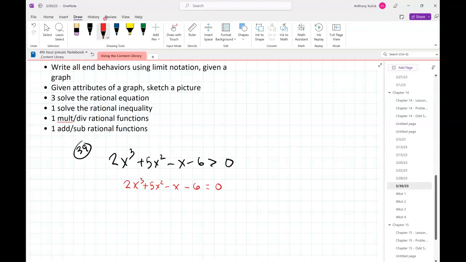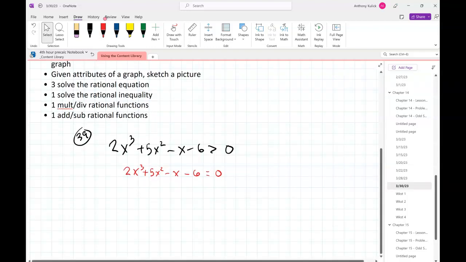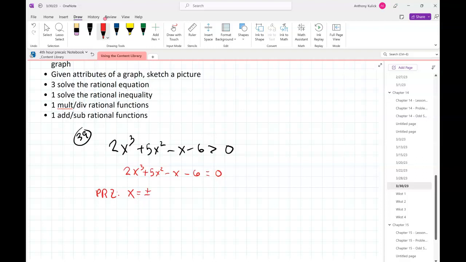Now to solve something like this, I'm going to default to the techniques from last chapter. Since this isn't quadratic, and it's not something that I see an easy way to factor by hand, I'm going to be using my rational roots theorem and doing synthetic division to get my solutions out of this. So my possible rational solutions would be plus or minus the factors of 6 divided by the factors of 2.